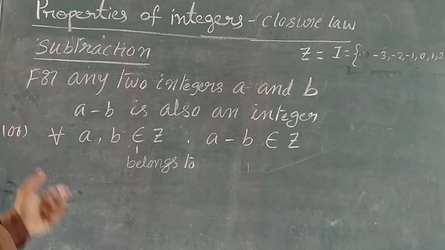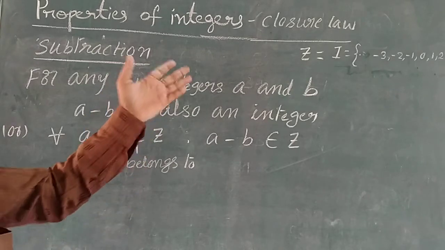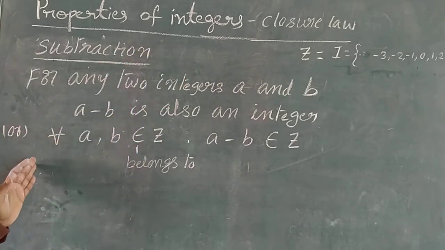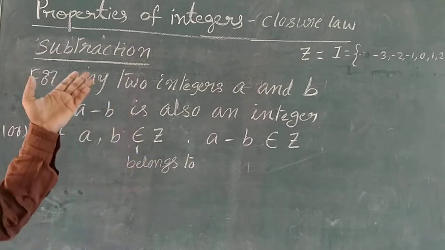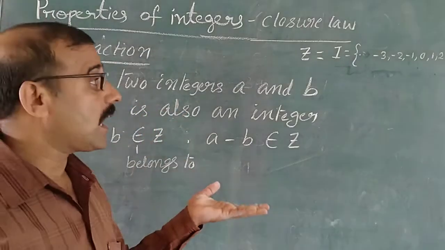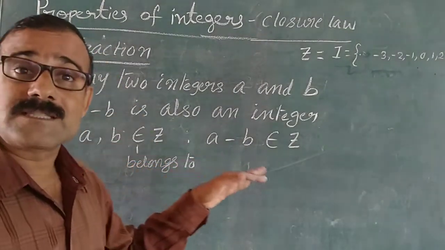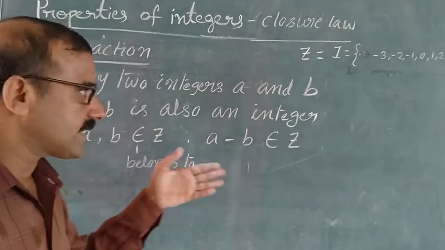Okay, children. So from this we conclude that closure law is satisfied for integers with respect to subtraction. Before, we discussed that closure law is satisfied for integers with respect to addition. The same way, second one, subtraction.